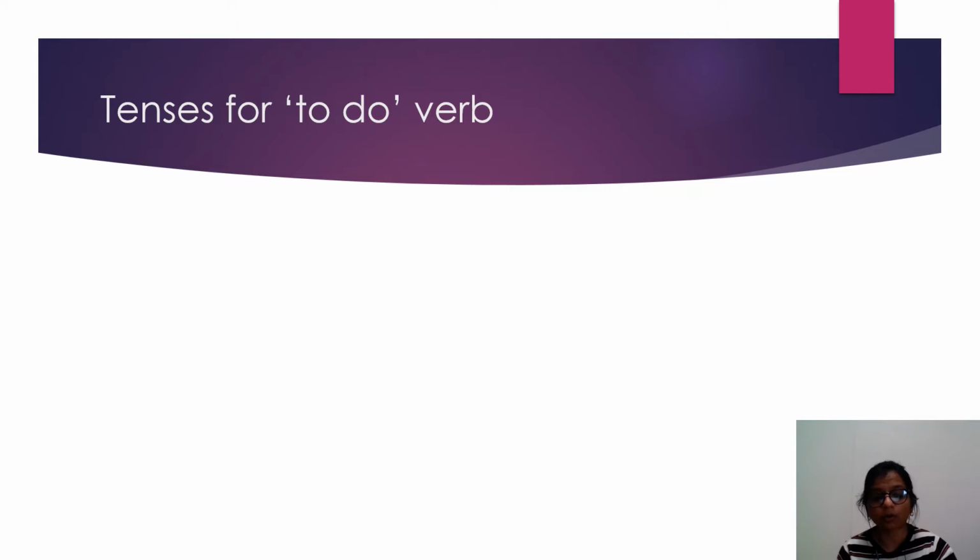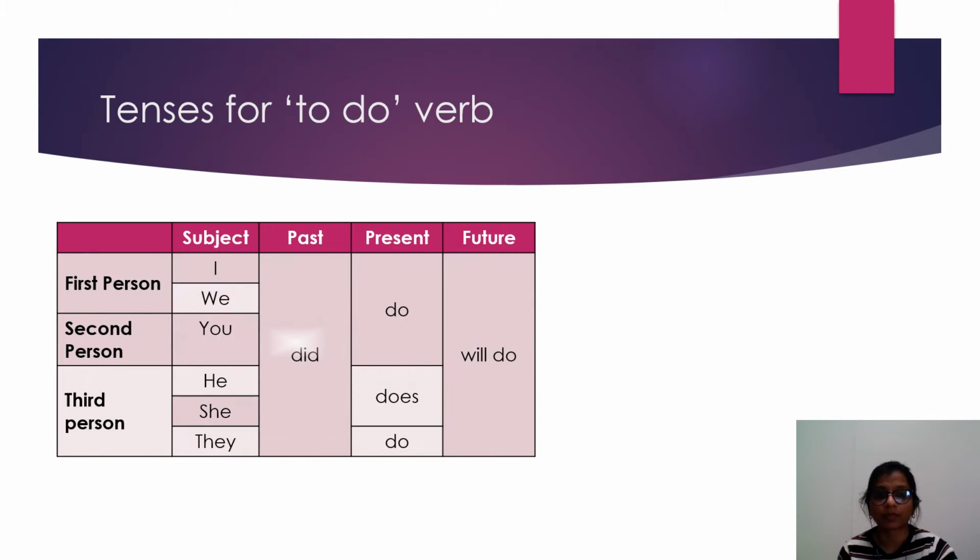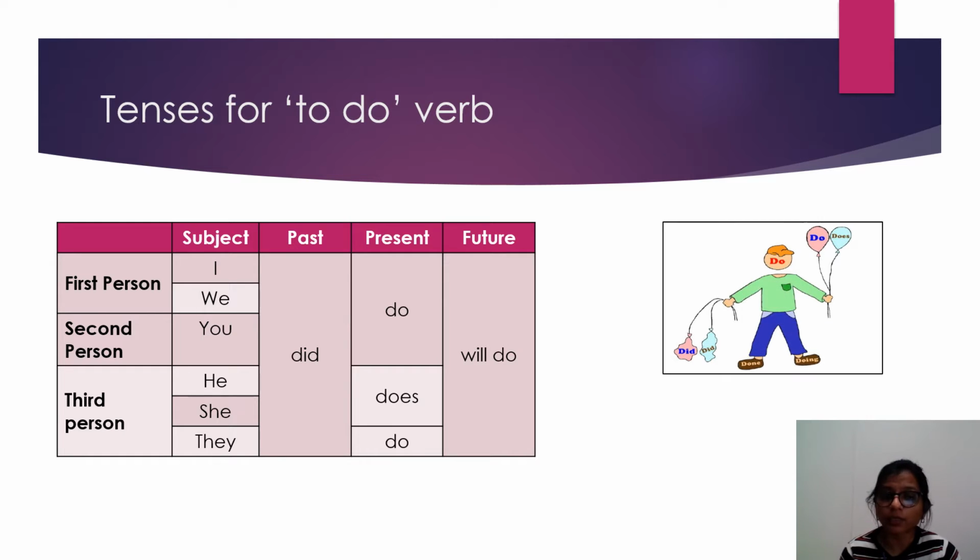Let's now take a look at the tenses for the to do verb. If you remember, I had used a similar table for the be verb also, wherein I had listed out the various forms of the verb in present, past, and future tense with respect to the subject. So now for the do verb, for the past tense, we use did, irrespective of what subject we are talking about.